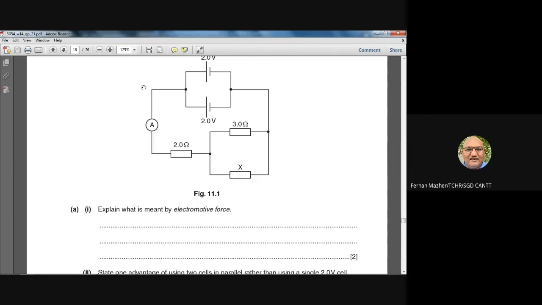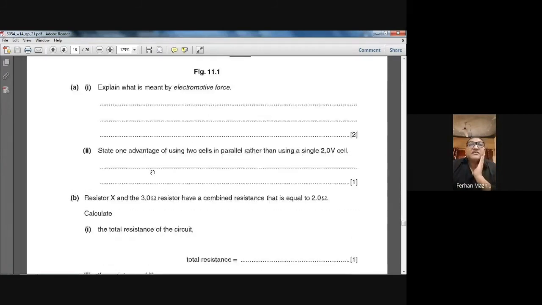Because from the battery 2 volts were coming, 1 volt was used here, which we just calculated. So how much voltage is left for this combination? 1 volt. Because they are connected in parallel, whatever is the voltage drop on this combination, the same is the voltage drop on each individual branch or each individual resistor. Conceptual thing. Try to understand this.